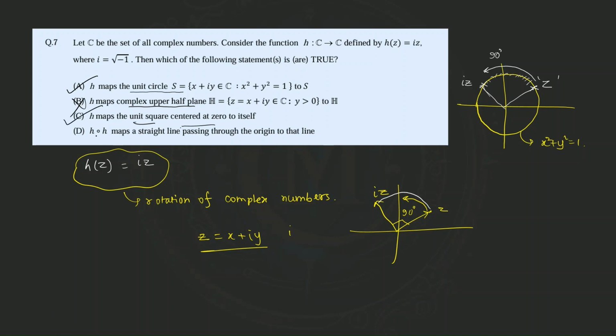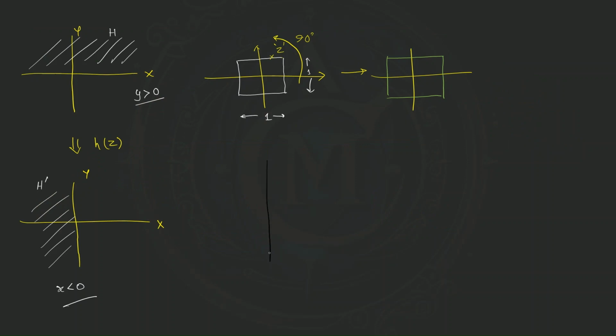Now, h of h maps a straight line passing through the origin to that line. Let us interpret this geometrically. We have a line passing through the origin, say y equal to mx.